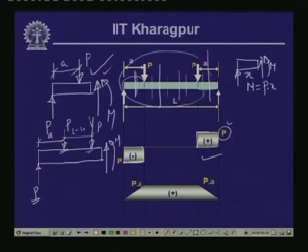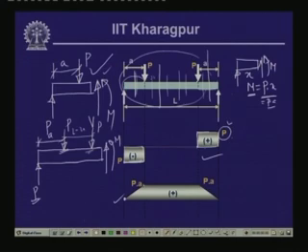M is anti-clockwise, this P is causing a clockwise moment. So, P times x is the moment. When x is equal to 0, the moment is equal to 0, and this is the value shown over here. Now, at a distance of a, just before this load point, the value of bending moment is equal to P times a. So, this is the magnitude of the bending moment over here.